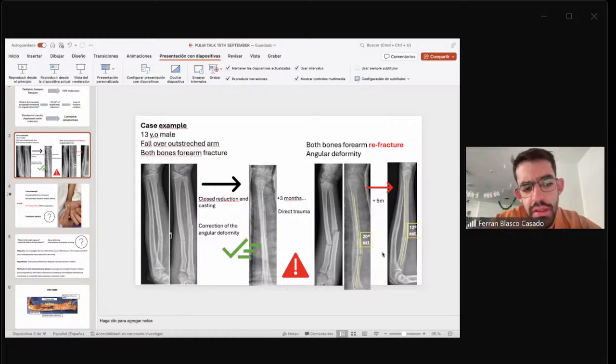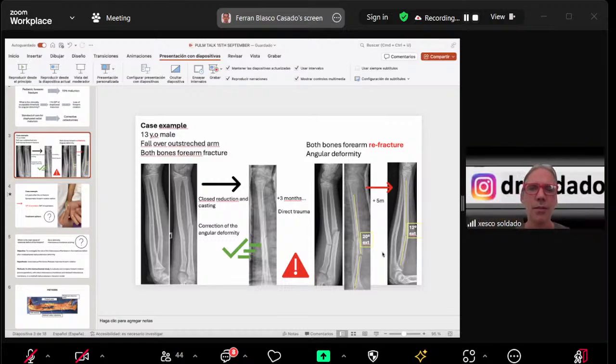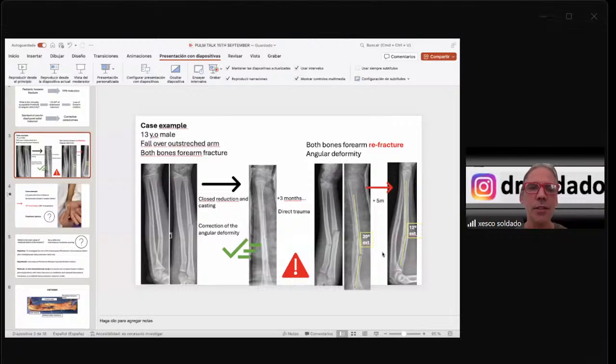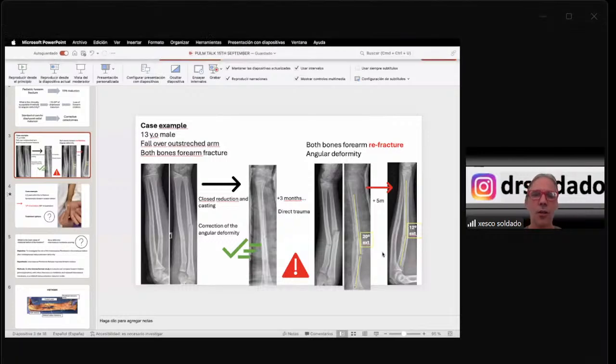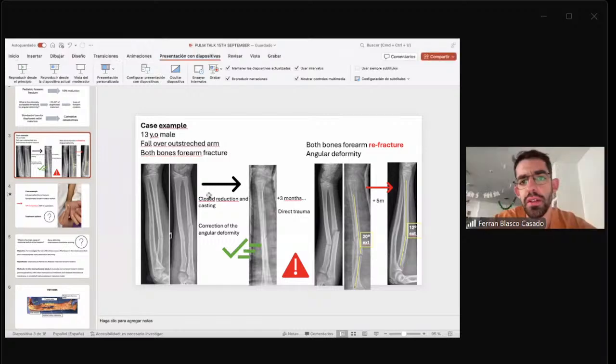I don't think it makes sense to make an isolated interosseous membrane release if the deformity is over 20 degrees. I don't think so. Very good. Thank you, Scott, for sharing the reference. And then they asked what length of the interosseous membrane do you release? You answered that, right? Yeah, I already answered, yes.